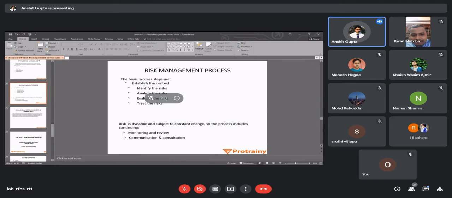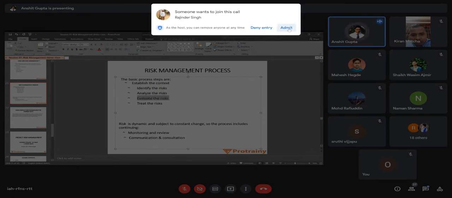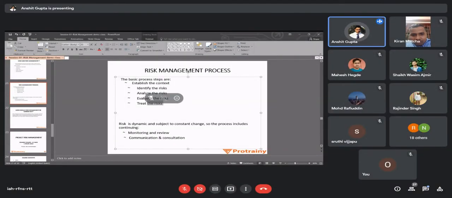So what is the complete risk management process, which we will take in detail later. The basic process steps are: first, you need to establish the context about the activity which you are doing. Then you need to identify those risks, then analyze those risks, then evaluate those risks, and then you will finally treat those risks.